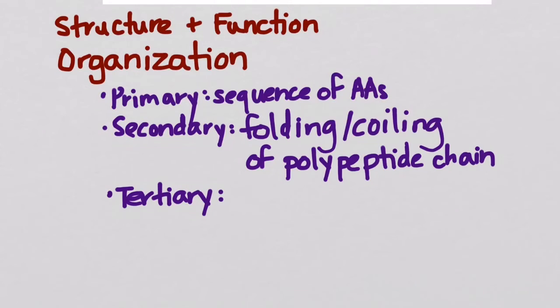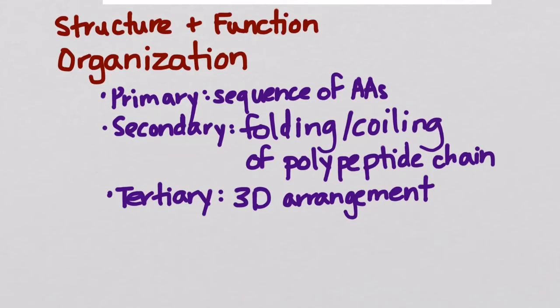Then there's the tertiary structure, which is going to be the complete three-dimensional arrangement of the polypeptide chain. And if proteins have more than one chain, then we often say that they have a fourth level of structure, which is just going to describe the way that the different polypeptides are arranged with respect to each other. This is called the quaternary level.